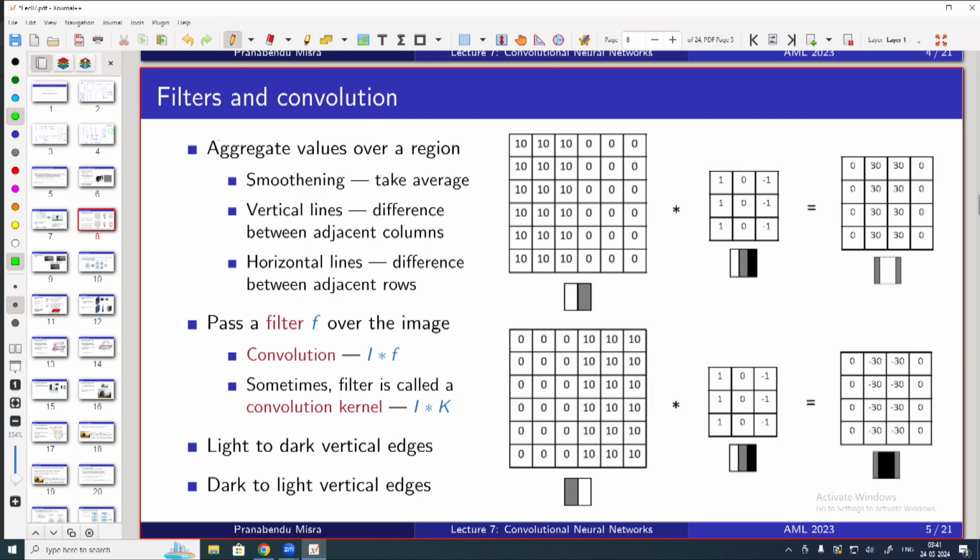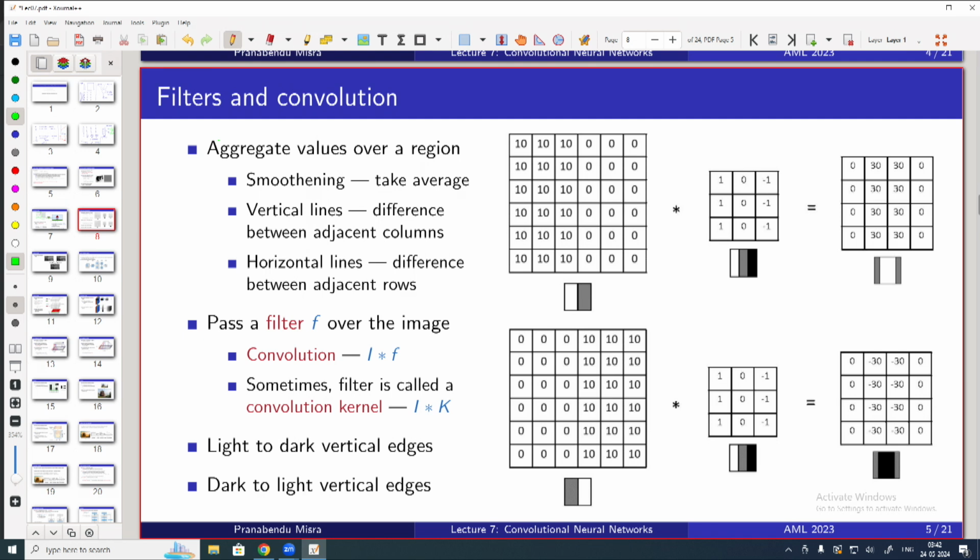This dot product operation that we have done is called a convolution. The convolution is producing a map of how well various regions of this big matrix match with that small pattern.